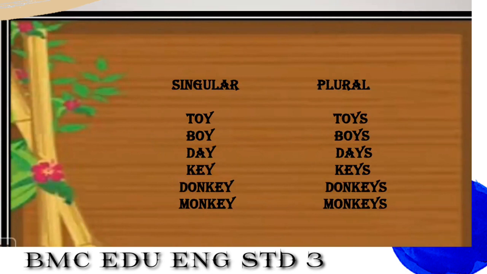Day, days. Key, keys. Donkey, donkeys. We added S in the plural form. Though these words are ending with Y, what is the difference? There is a vowel before the Y. So that's why we added S here.